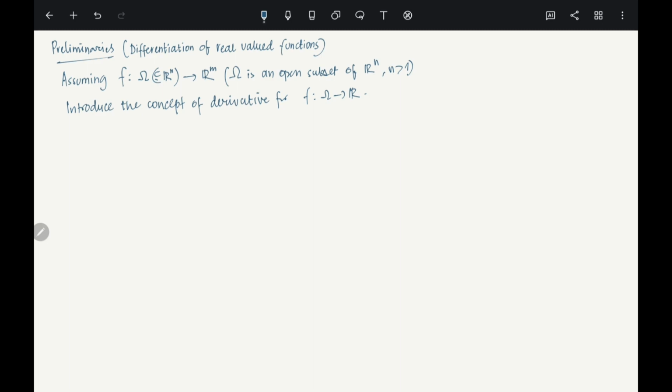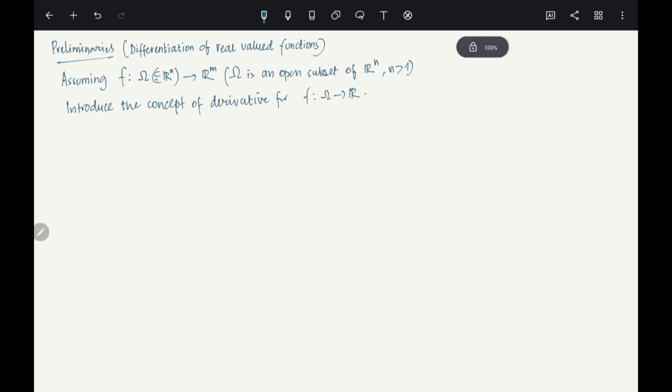Please bear in mind that I am assuming you already know these concepts. This is a kind of revision in case you have some gaps in understanding; it will fill them up.